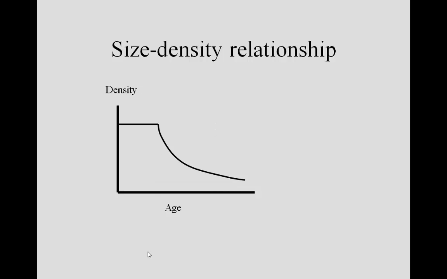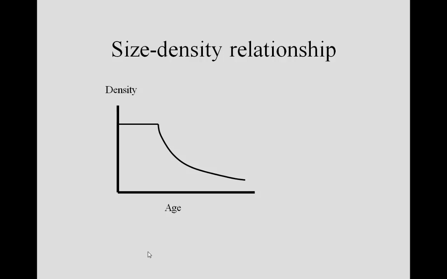Now, the density, and this is absolute density, and I'll remind you that we use density in two ways. Absolute density refers to count, so that would be trees per acre, trees per hectare, and so on. Relative density we'll get to in a moment, but for now we're talking about absolute density.